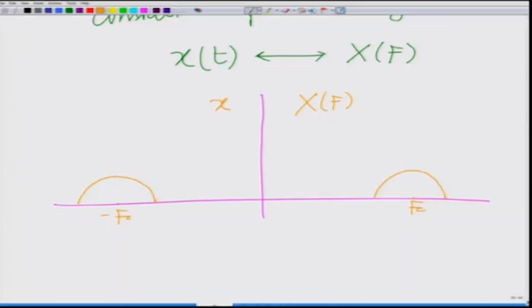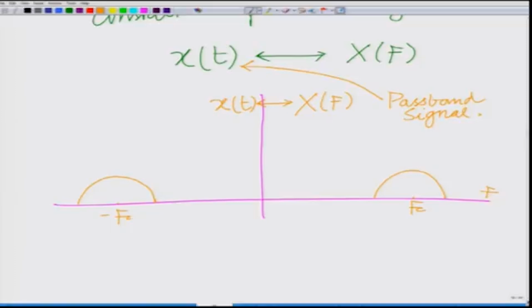Okay, we have x t is the passband signal, it has spectrum x f. So, your x t is basically a passband signal in the sense that it has been modulated by a carrier. Therefore, its spectrum is centered at the carrier frequency that is at f c and at minus f c.